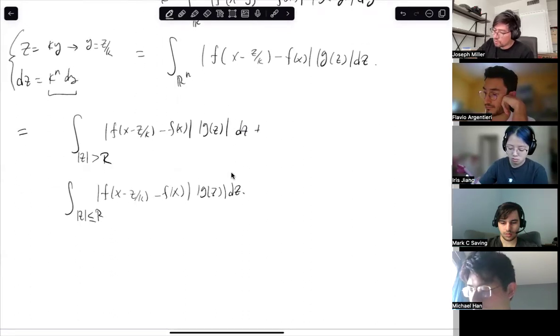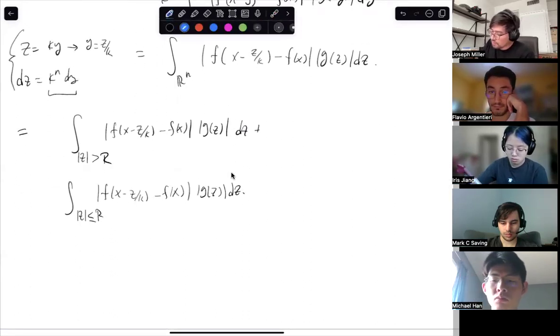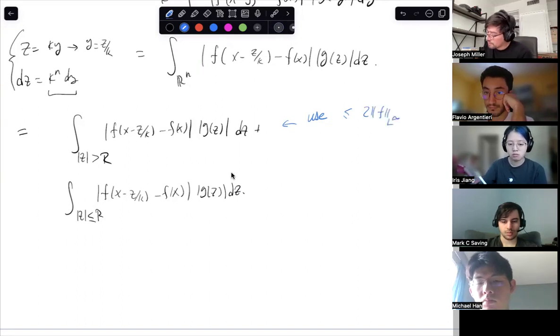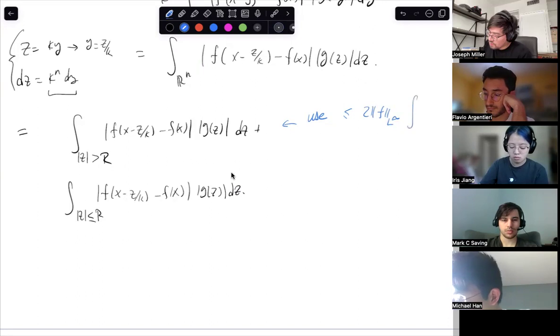Okay. So for this part, I'm going to use that g is fixed. So use that f is bounded. Use f of x minus something. Yeah, these are all L infinity bounded, so 2 times f in L infinity, right? So they're bounded functions. And then I use this decay property of g.